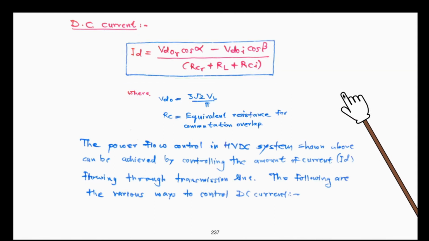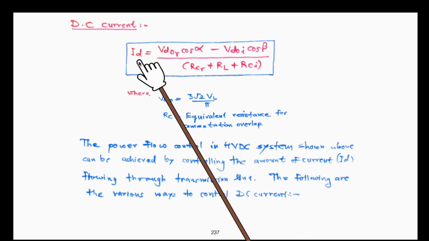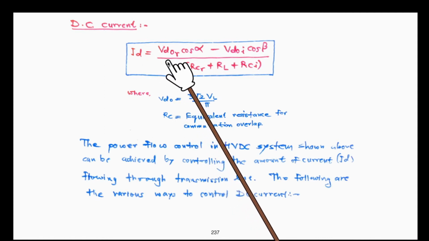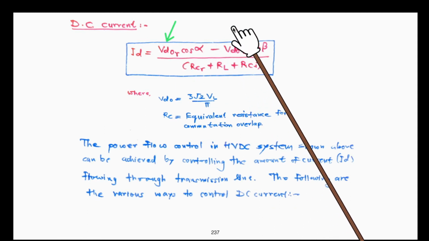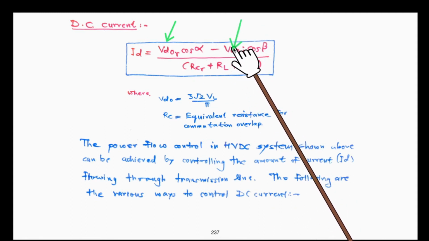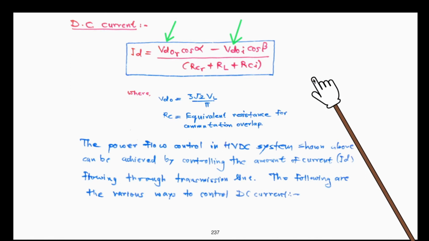Naturally, the thought comes to mind that if we would like to control DC current, there are four different options available. The first two options I'll mark here by the green colored arrow. These two options are basically controlled by controlling the tap ratio of converter transformers connected on the AC side of rectifier and inverter.